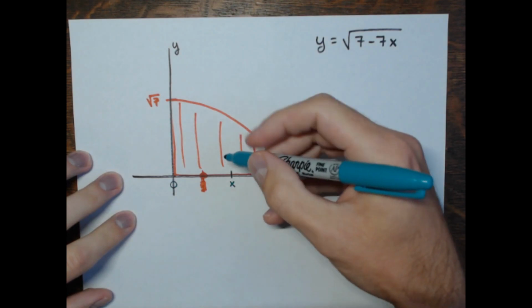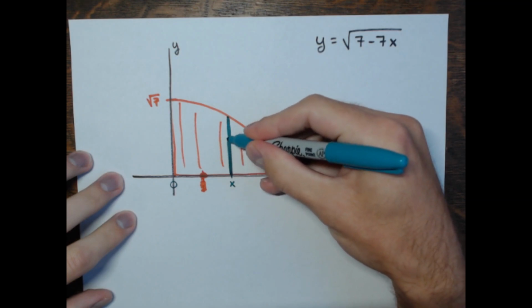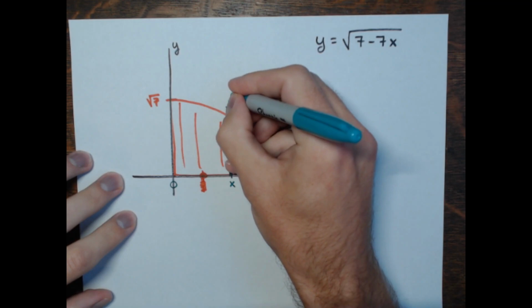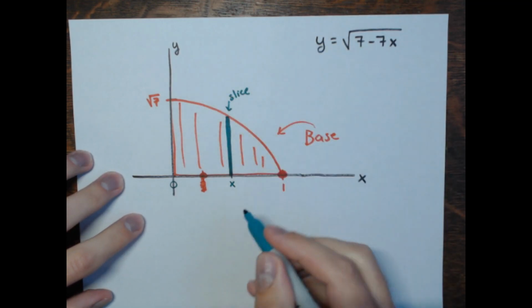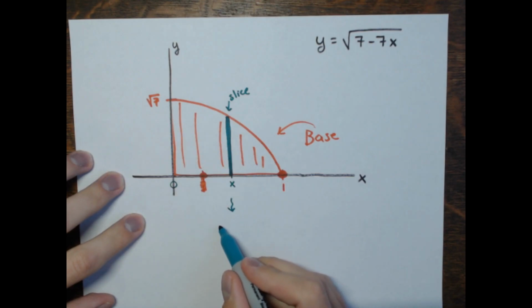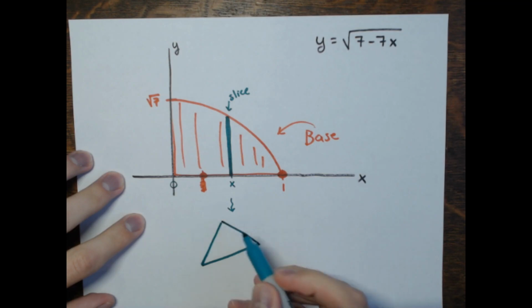If I went to some x value here and made a slice, think about the slice as some thin rectangle. Pull that slice out, and it would look like this. You'd have an equilateral triangle as the face.